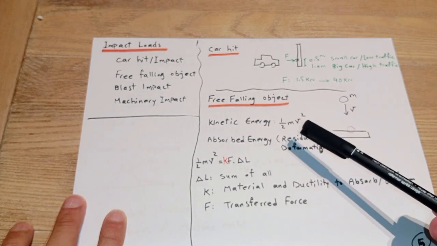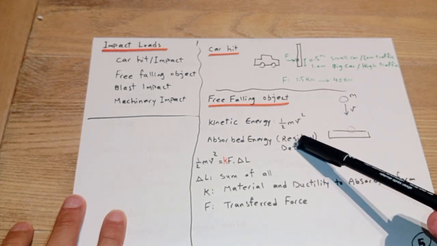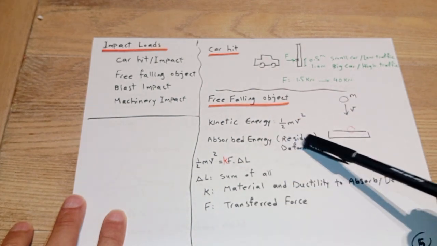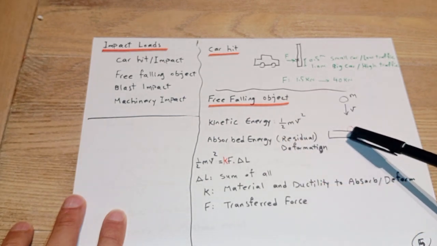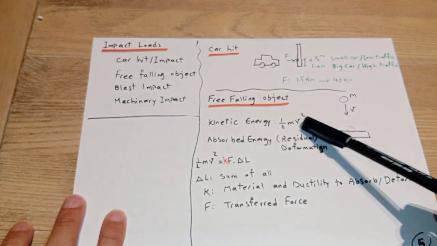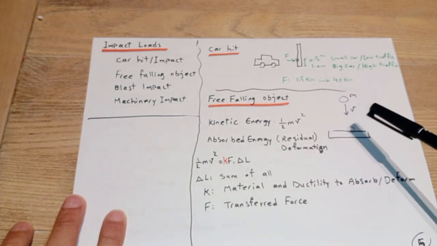Kinetic energy is just 1 over 2 mv squared, and the absorbed energy, that will be residual and deformation, will be balanced or equal to this kinetic energy.